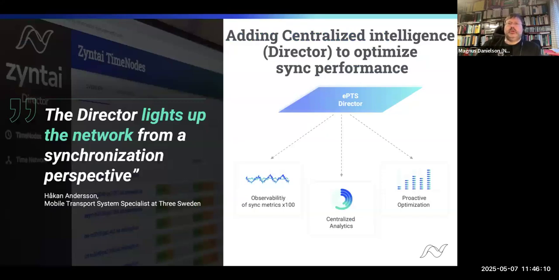And this brings us into what we think of as the central intelligence, or the director, which is really: you bring the data up, you observe what's happening, you analyze this, and you try to do proactive optimization. This has turned out for one operator, for instance, to be a way to analyze how the network was performing, and the timing was a fantastic additional benefit.